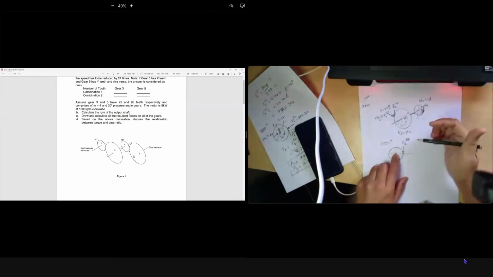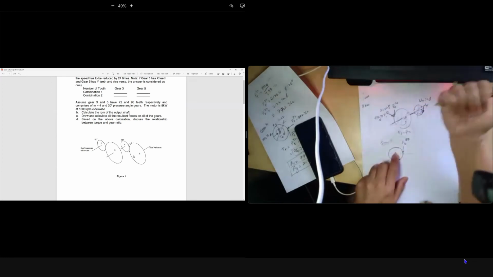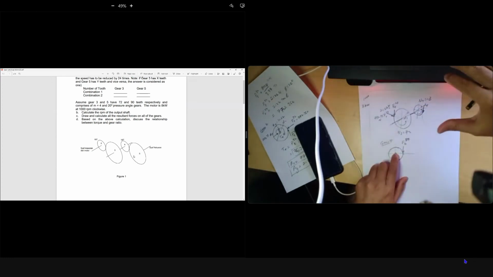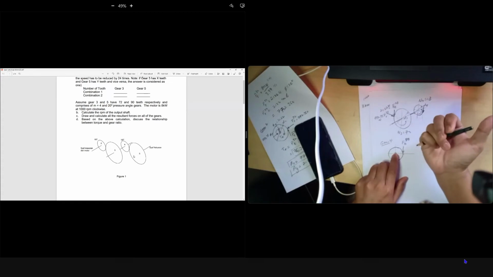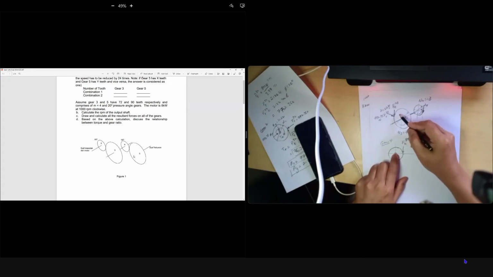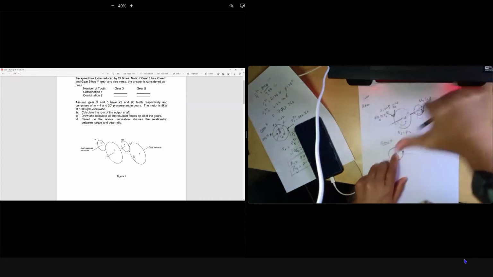This one goes for positive X, and this one goes in this direction, for negative X. They cancel out.